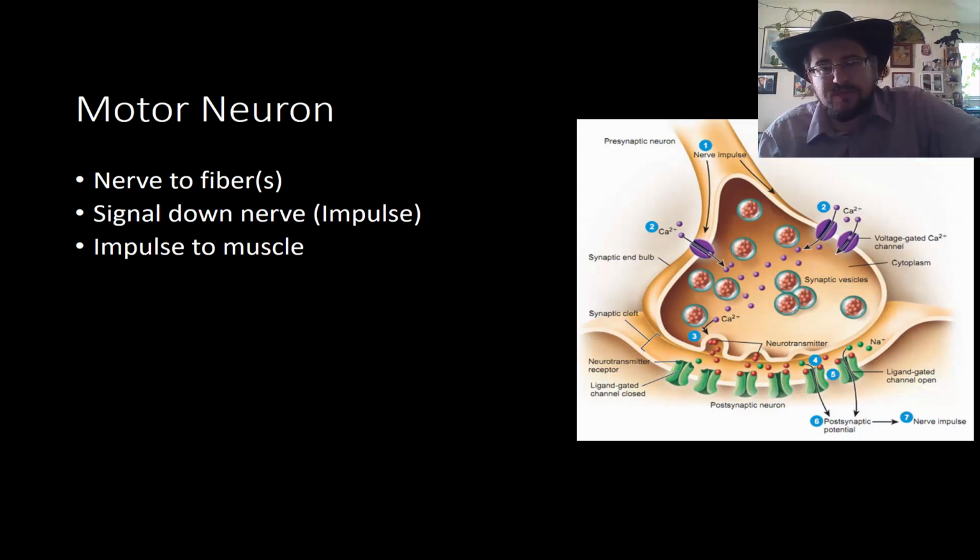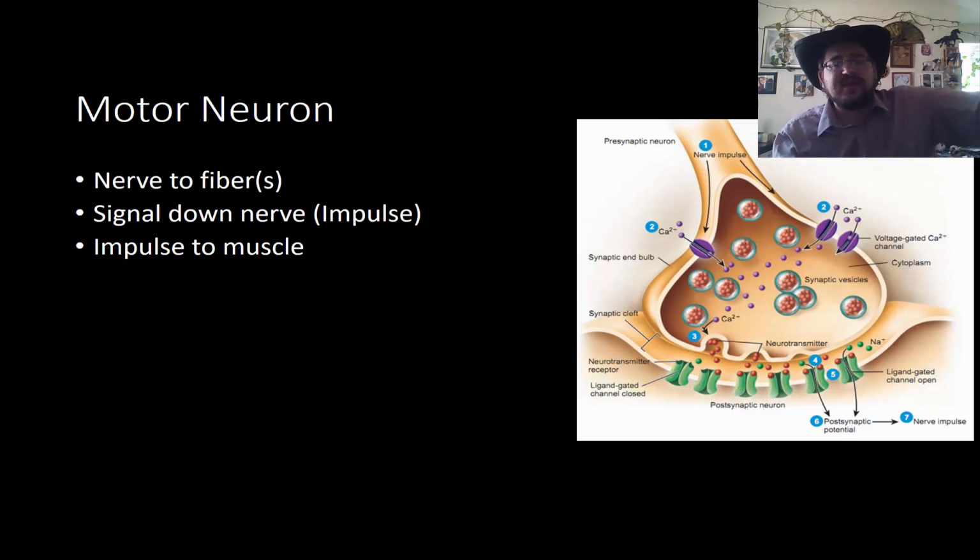Where the motor neuron connects up to the muscle, there's actually a tiny little space called the synapse. That's the little space between where the motor neuron and the muscle connects. Actually, synapse is any space between where neurons connect. So here, this is the synapse between the motor neuron and the muscle, right?